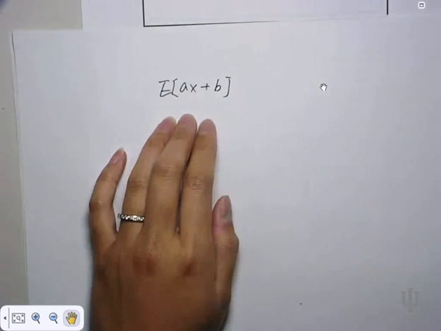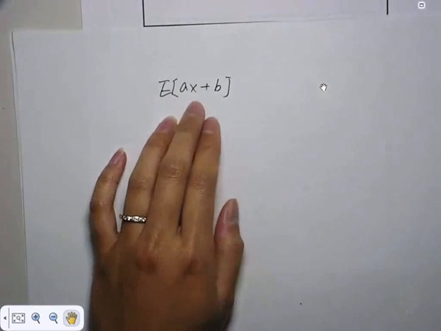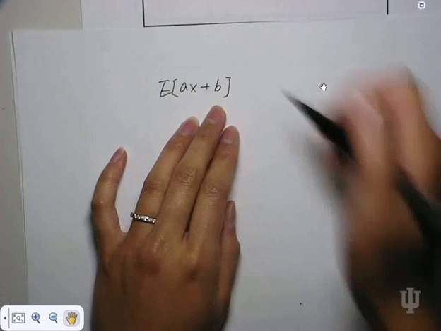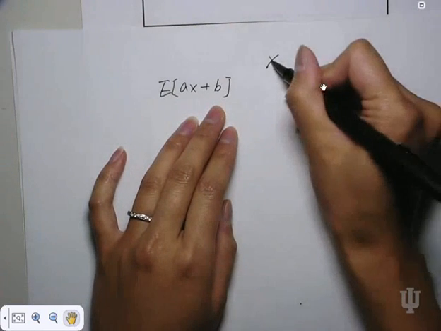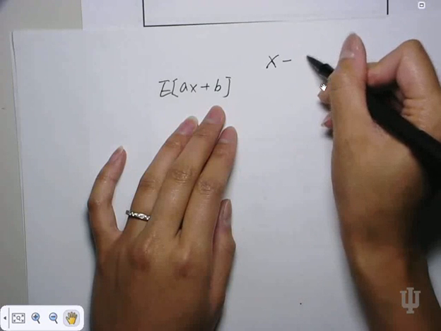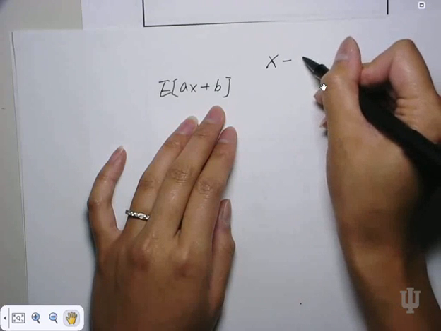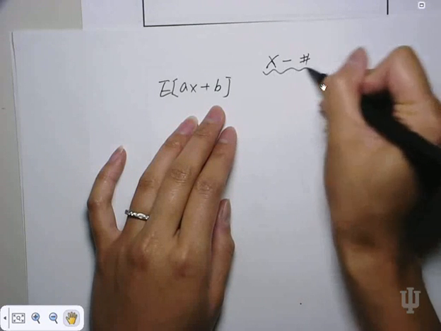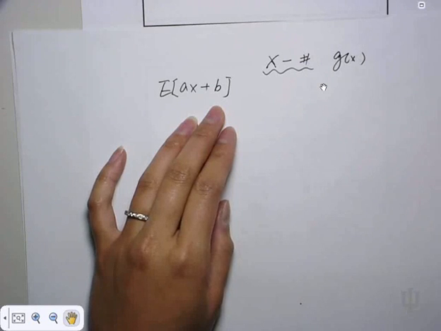Another special case is ax plus b, but what we just did is x minus a constant number. No matter if it's mu x or anything, this x minus a number is the example we just did.